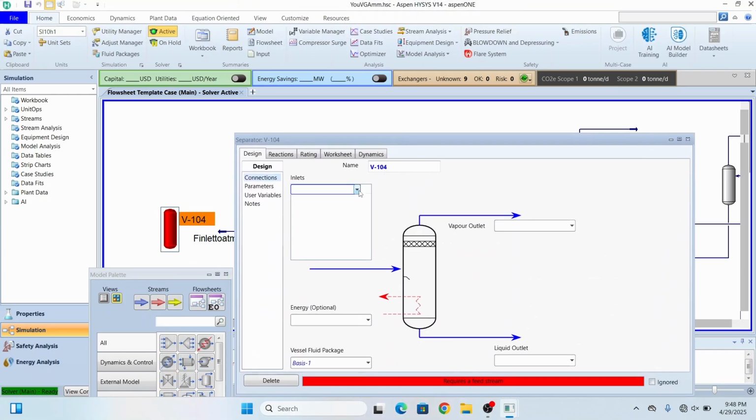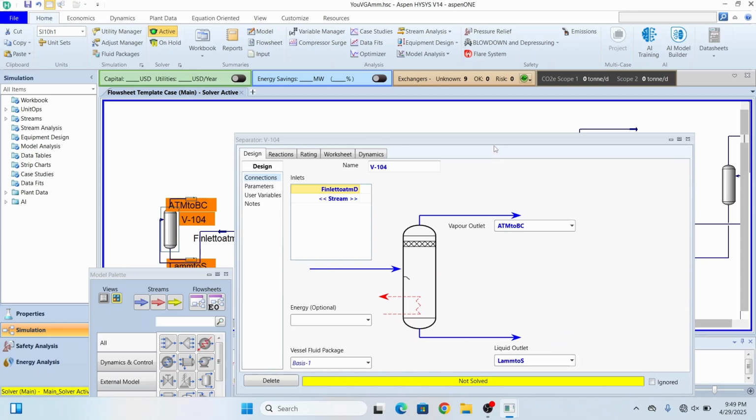Here the inlet is final inlet to atmospheric drum, and the vapor outlet you can write as atmospheric drum to booster compressor. Okay, so that is my final liquid ammonia to storage tank.